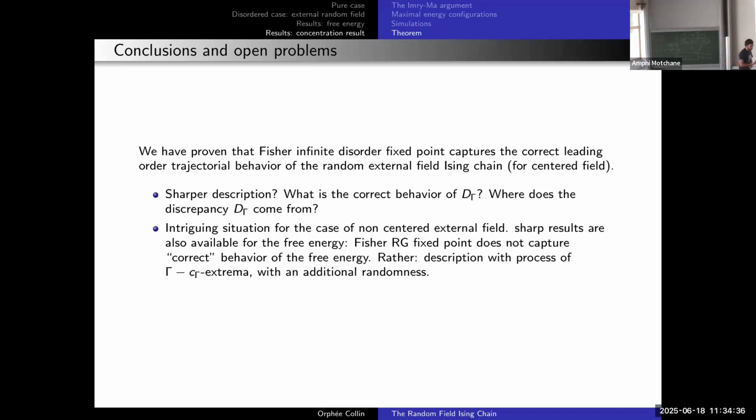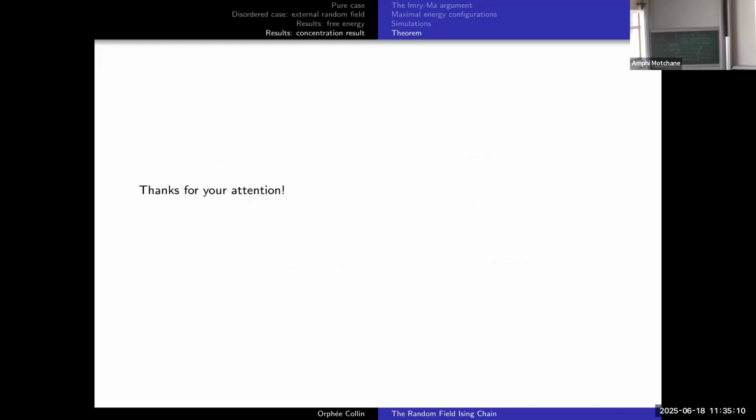I have a work in progress that needs to be written, but you need to refine the description a bit. This time you don't have one configuration, but you have some additional randomness. There are regions where typically the configuration will want to put spin domains, but it's not as deterministic.